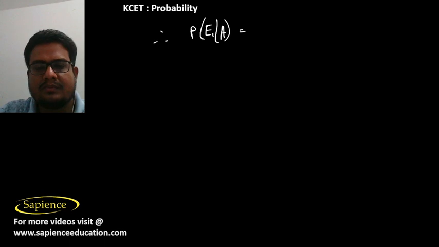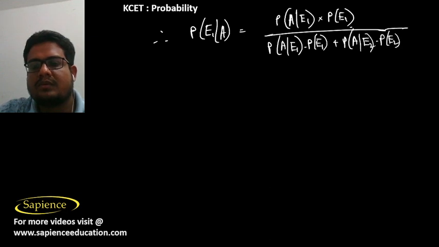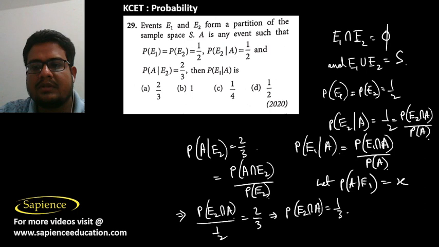That will be equal to P of A given E1 into P of E1 divided by P of A given E1 into P of E1 plus P of A given E2 into P of E2. P of A given E1 is x, which we have found, that is equal to 2 by 3.